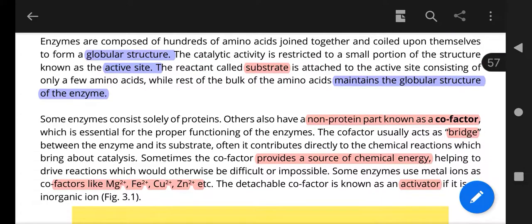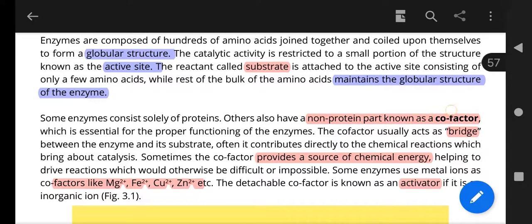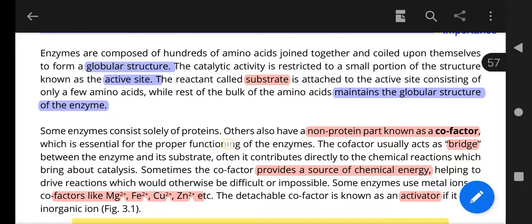Like, it acts as a bridge between the enzyme and the substrate, and it provides a chemical source of energy. Because the cofactor is very important, without it the enzyme does not work properly. So the non-protein part called the cofactor is essential for the proper functioning of enzymes.